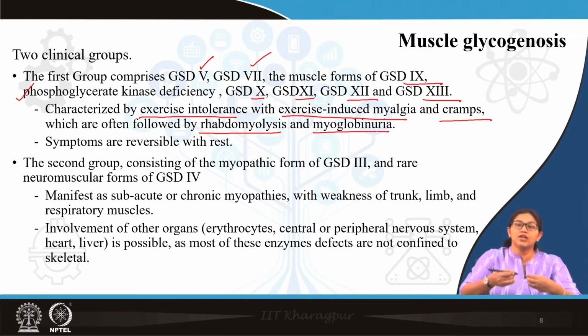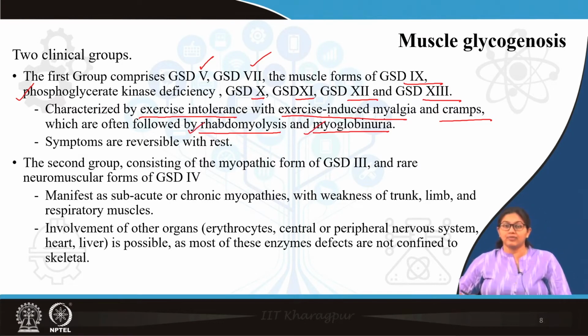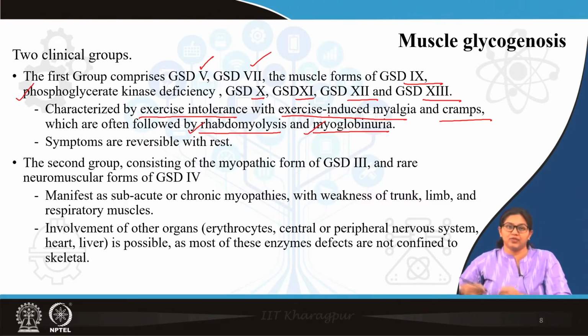Here the same thing happens because the stored glycogen from skeletal muscle is not being utilized. So, the muscle protein will start to break down and that will finally give rise to rhabdomyolysis and myoglobinuria. But when these persons finally take rest, these conditions reverse. So, this is a reversible condition where excessive or prolonged exercise causes the symptoms.